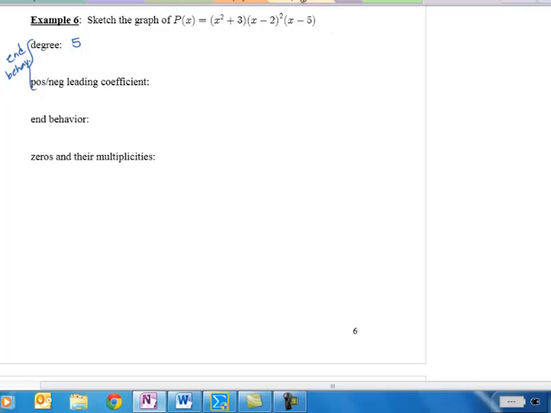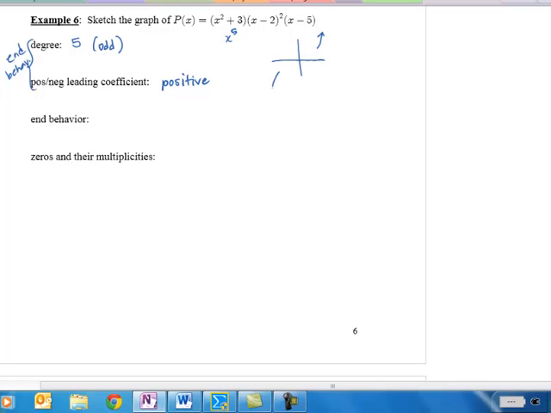The leading coefficient is just going to be 1 in this case because we have a coefficient of 1 on all of these x's. So when I expand it, I would have just a single 1 x to the 5th term. So there's a positive lead coefficient, and it happens to be positive 1. So putting those things together, the graph on the end behavior is going to be like an odd exponent, or an odd degree power function with a positive coefficient on the front.